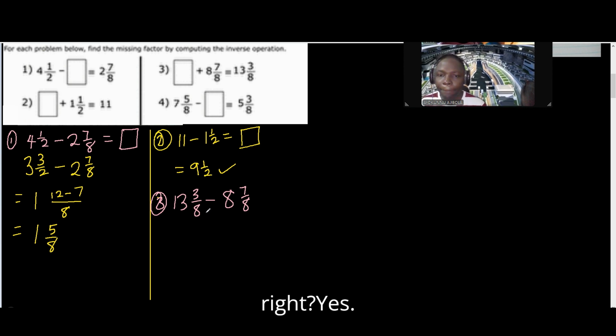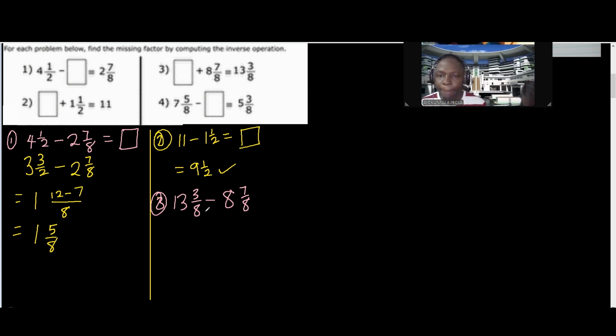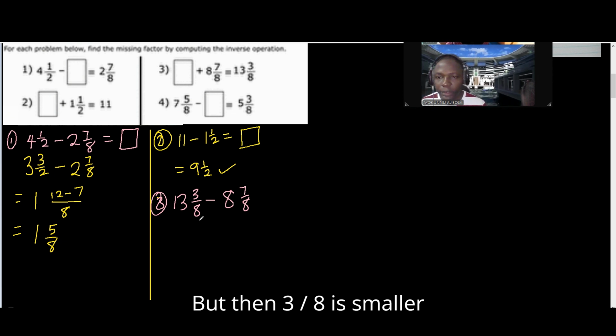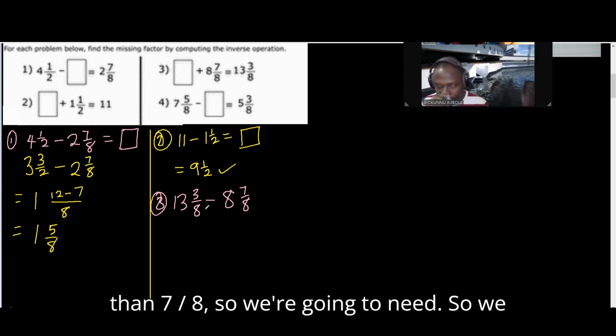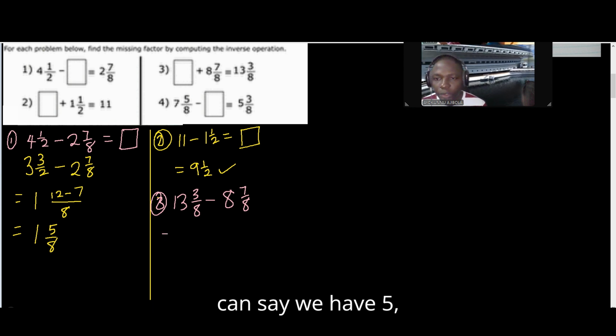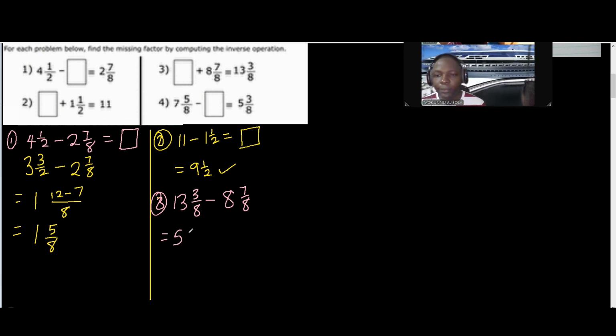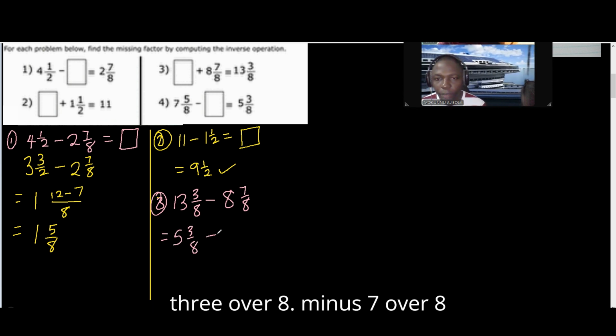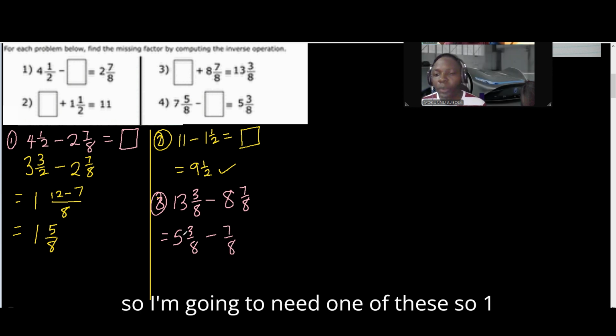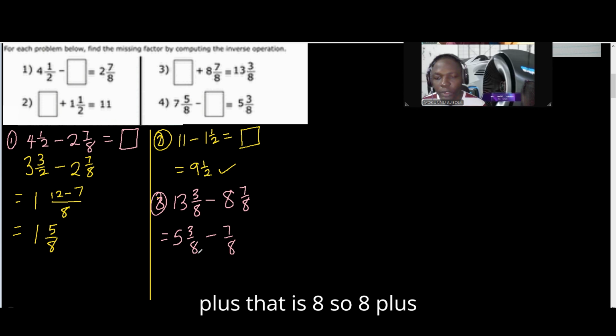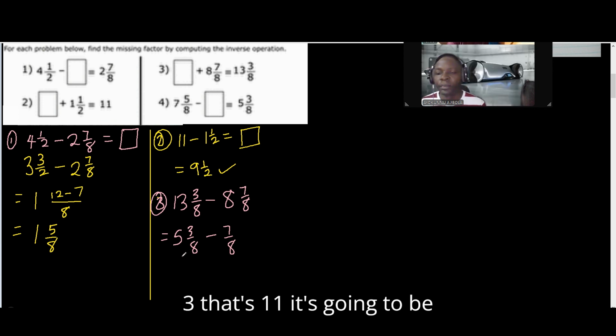Right? Yes. But then 3 over 8 is smaller than 7 over 8. So we can say we have 5 3 over 8 minus 7 over 8. So we're going to need one of these. So 1 plus, that is 8. So 8 plus 3, that's 11.